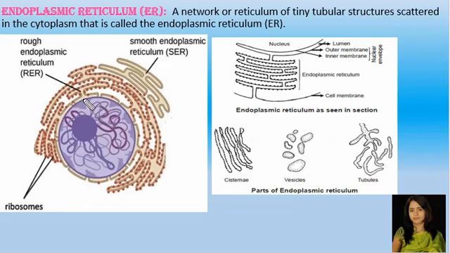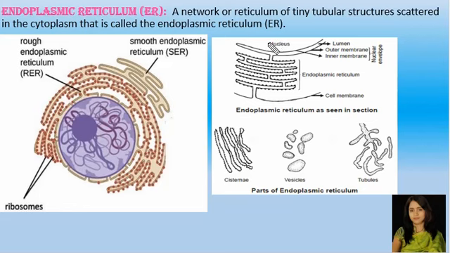There are two types of endoplasmic reticulum: rough endoplasmic reticulum and smooth endoplasmic reticulum. The endoplasmic reticulum is an extension of the outer membrane of the nuclear envelope, and it forms the lumen-like structures.